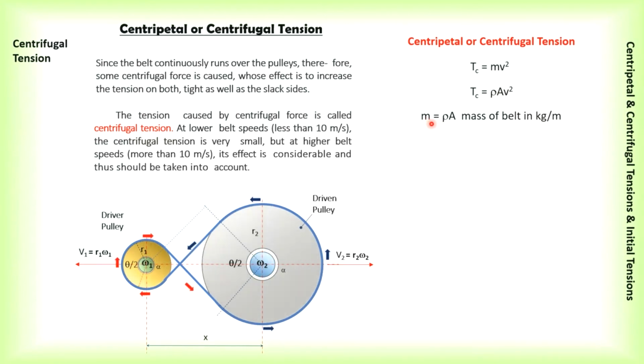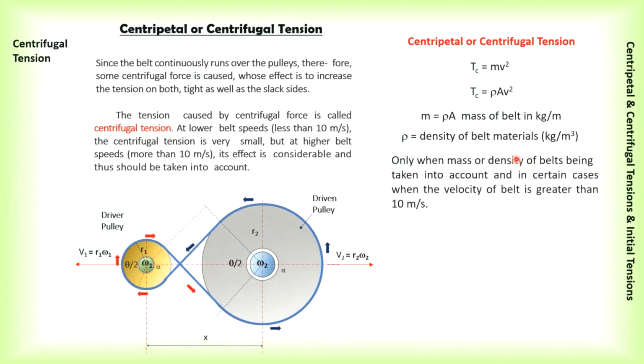For any lengthy object with a considerable length, the mass is always measured as kg per meter. So this mass here is kg per meter and not kg. Rho refers to the density of the belt material, which is in kg per meter cube.